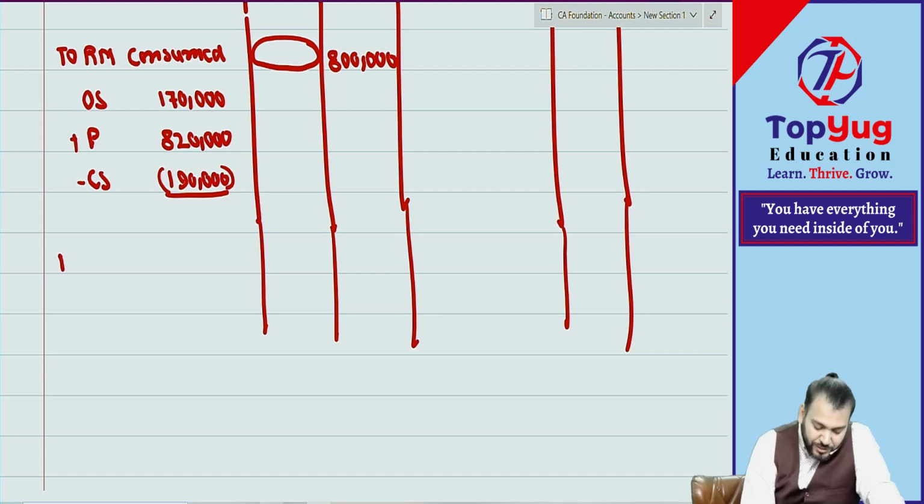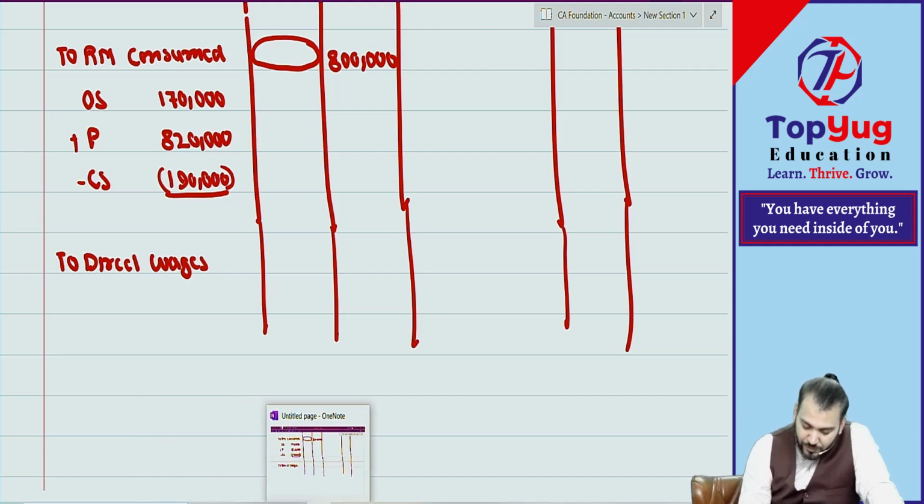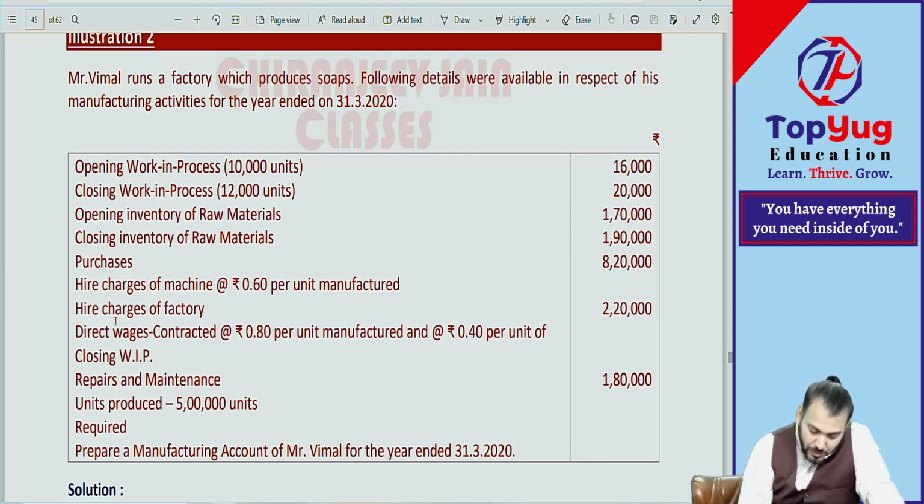Direct wages. What have they said? They have given direct wages contracted at 0.80 per unit manufactured. Per unit manufactured means 5 lakh units produced, and 0.40 per unit of closing WIP. Closing WIP given is 12,000.